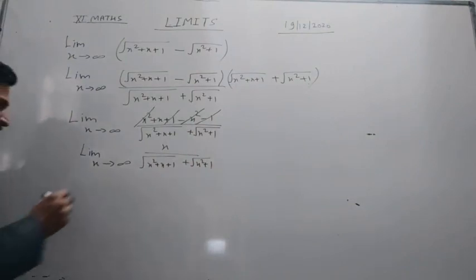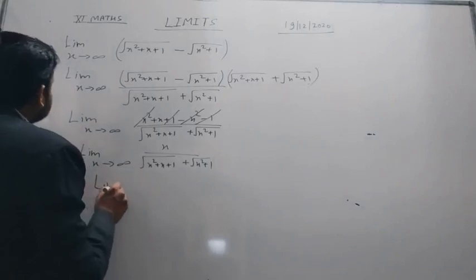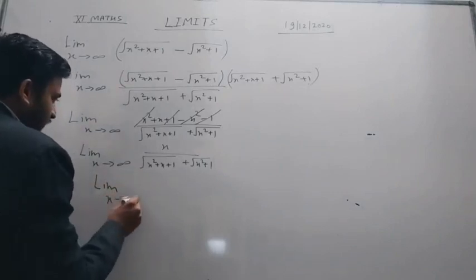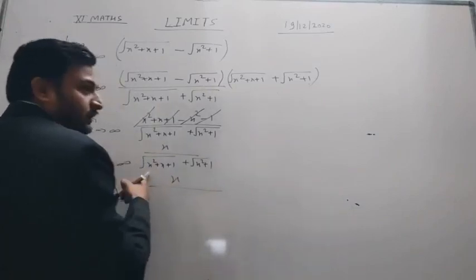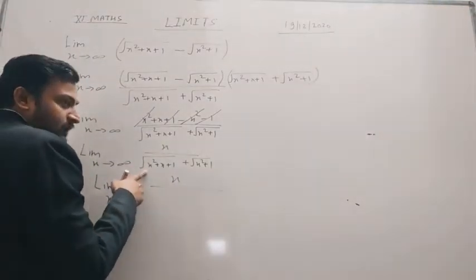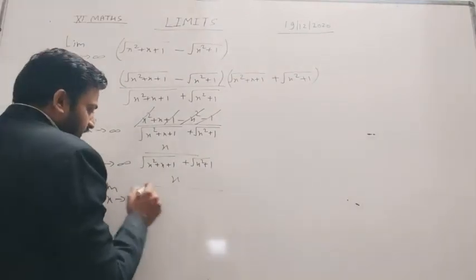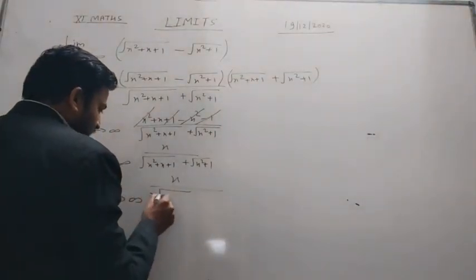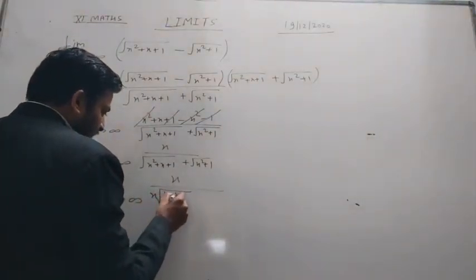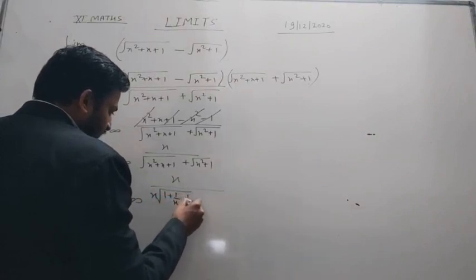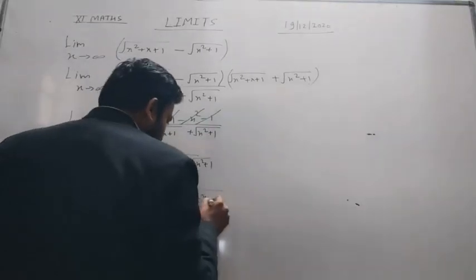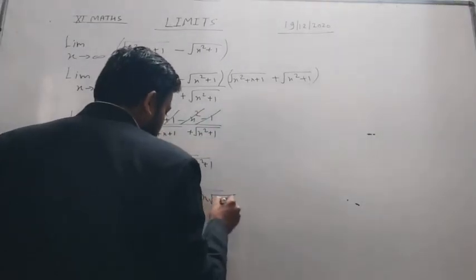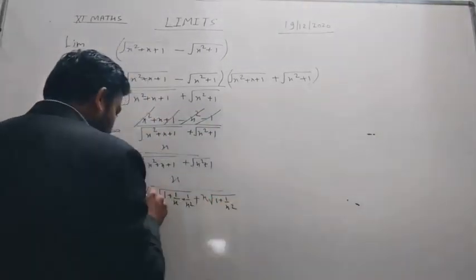We get limit x tends to infinity, x in numerator, taking x common, x square common inside the root, we get x outside, so it will be 1 plus 1 by x plus 1 by x square. Similarly here, taking x outside, inside we get 1 plus 1 by x square.